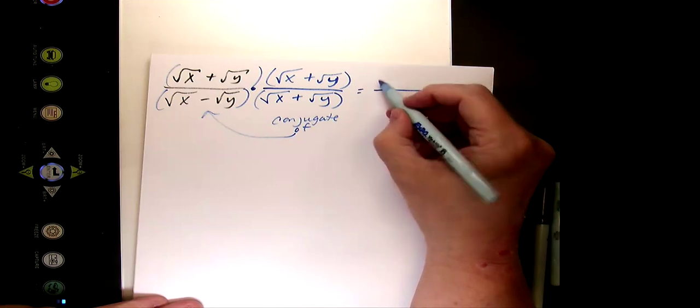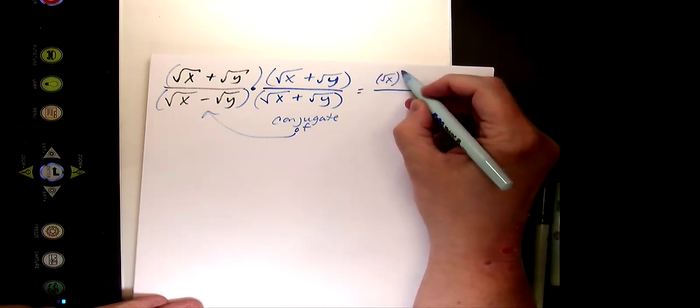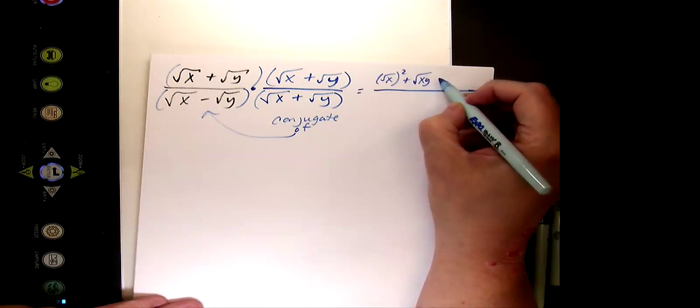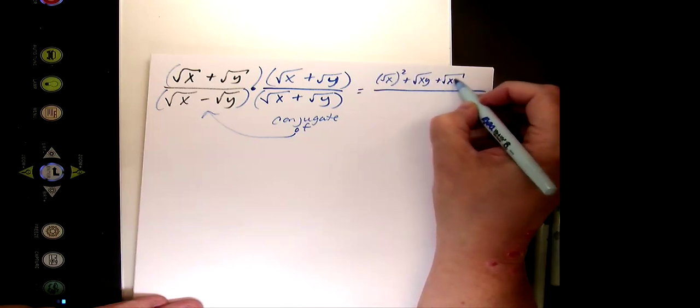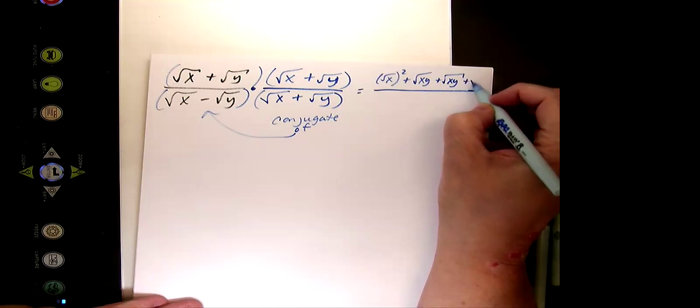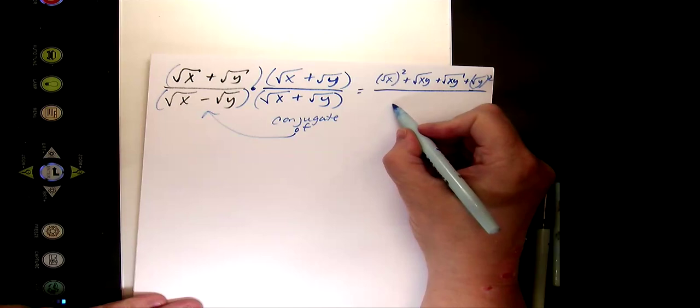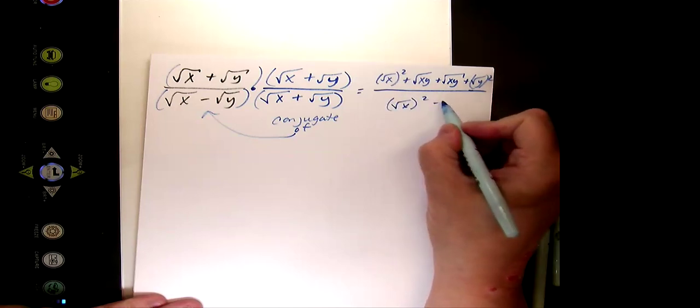So I get square root of x squared, plus square root of xy, plus square root of xy, plus square root of y squared. And on bottom, the difference of squares is that.